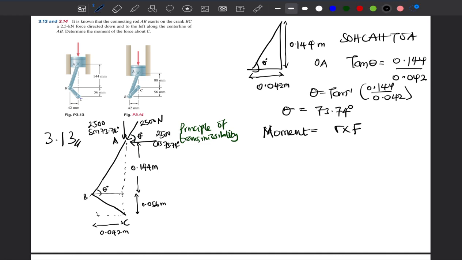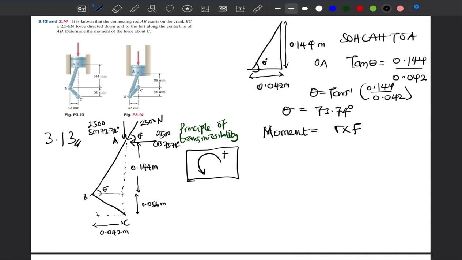For the vertical component, the first thing we need to notice is that for moments, anti-clockwise is always positive. We need to take note of this. For moments, anti-clockwise is positive. This is very important in our solution for moment questions.